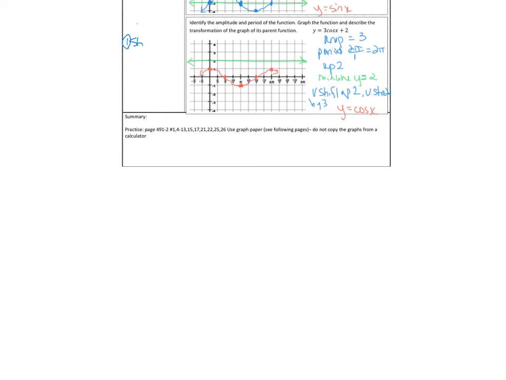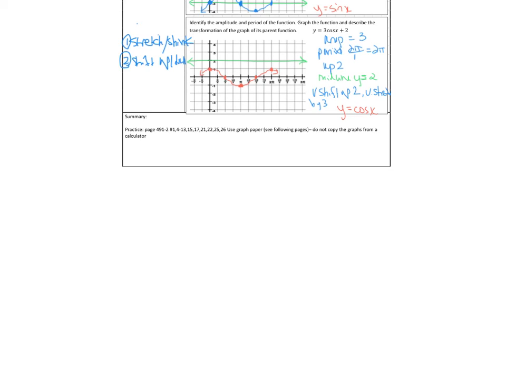First, stretch or shrink. And then in the future, when we do reflections, you would do that as well. And then the second thing, you're going to shift up or down. So first stretch or shrink, then shift up or down.